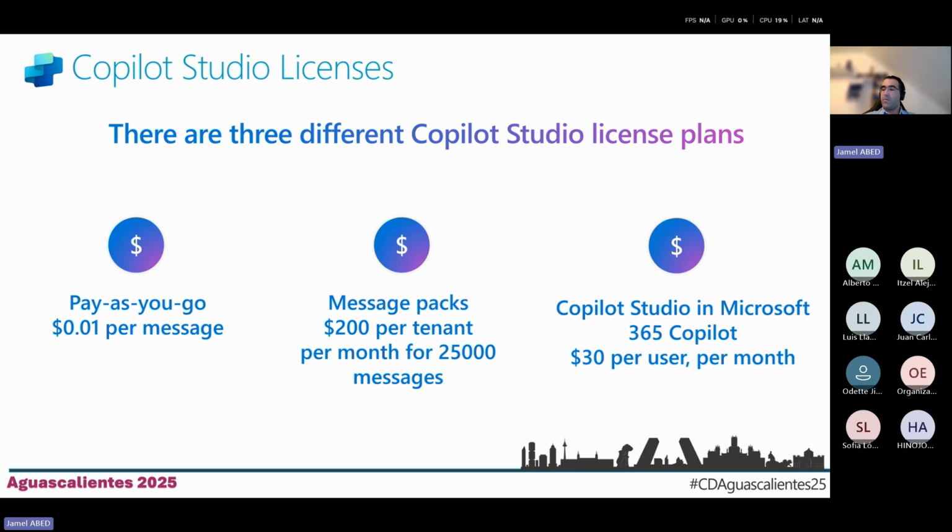Or if your organization has Microsoft Copilot Studio, you already pay $30 per user per month, so you have it for free. So you have three options, and when you configure your agent, it's up to you to check the license you want to use. If you have the Microsoft 365 Copilot license, you'll use it for free.